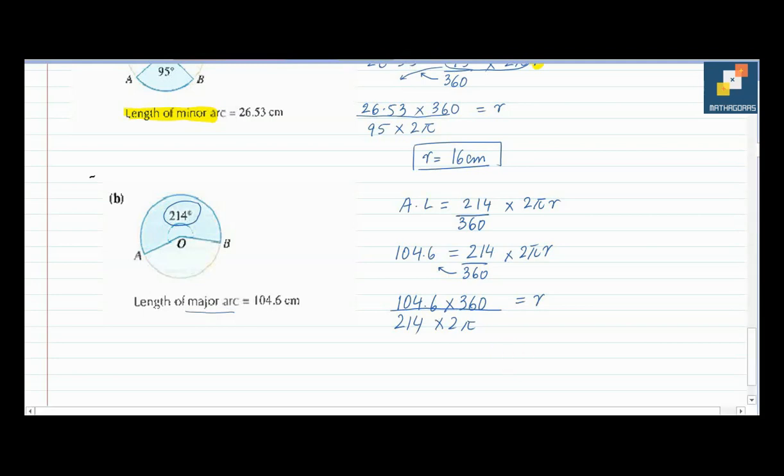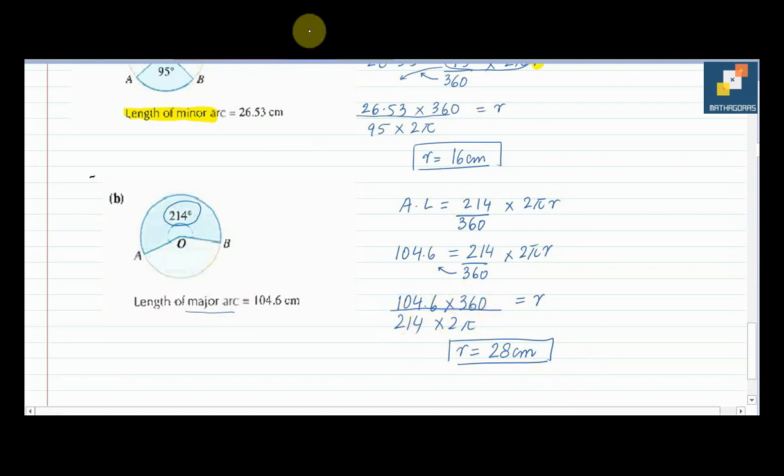So the final answer of r is 28 centimeter, right? That is the answer. If you are facing difficulty in solving this, you can solve the numerator separately, the denominator separately, and then divide. If you find it difficult, you can opt for this method as well.